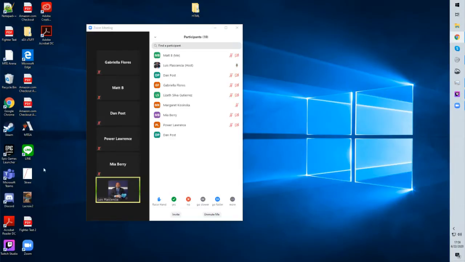Can you guys hear me? All right, so just bear with me for a second. The other computer is booting up. Maybe I'll just do it this way, because I don't know what's going on with the other computer.